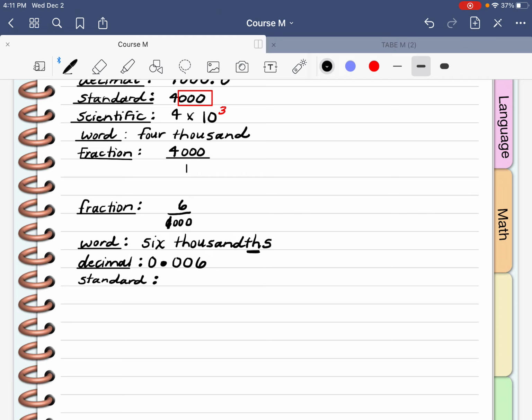So standard is going to be 0.006. And scientific, once you see standard, you can write scientific, is 6 times 10 to the negative 3. 6 thousandths.